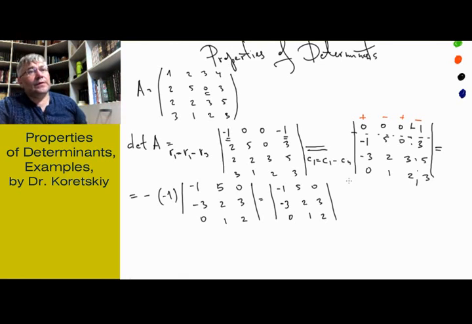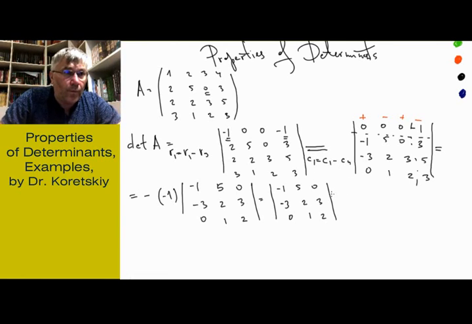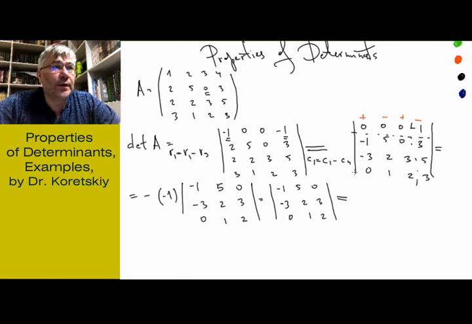I can simplify this. So I can simplify here something, or I can use the direct rule here, because how can I simplify this thing? I can multiply the row.